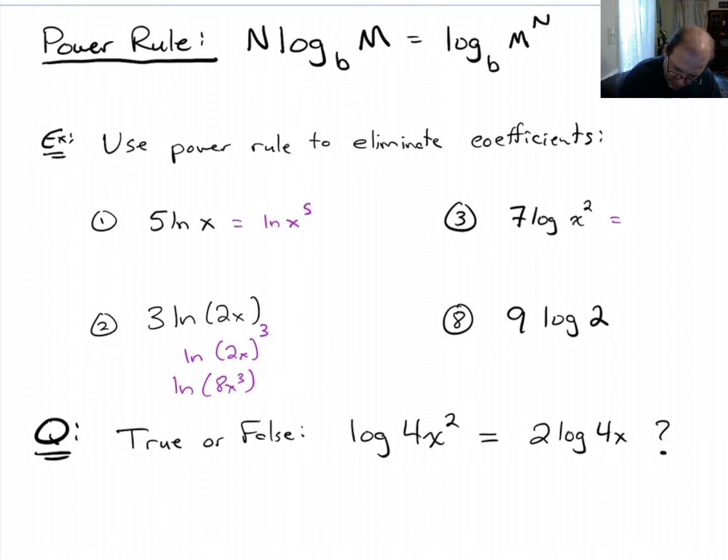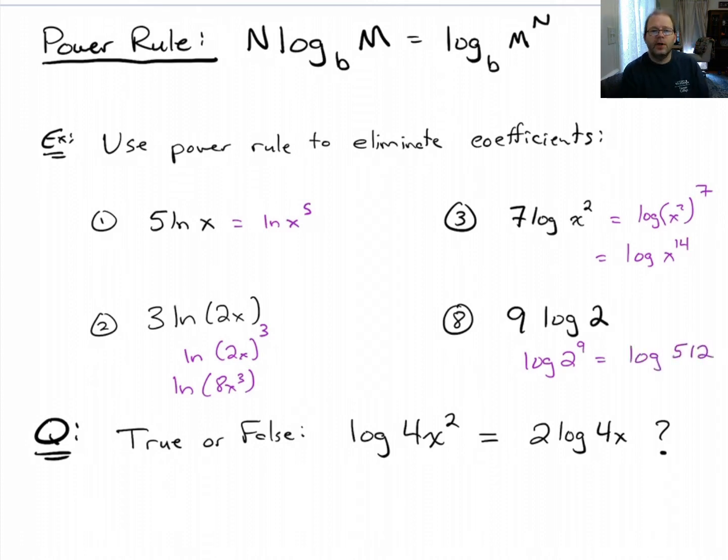All right, similarly, this is going to be log of x squared to the 7th, so that's log of x to the 14th, because 2 times 7 is 14. Power to a power we multiply. And then down here, this will become log of 2 to the 9th, and 2 to the 9th is 512. All right, so that's pretty much all there is to using the power rule. The only thing is you have to be sure to distribute the exponent to everything. Like over here, be sure it gets on the 2x.